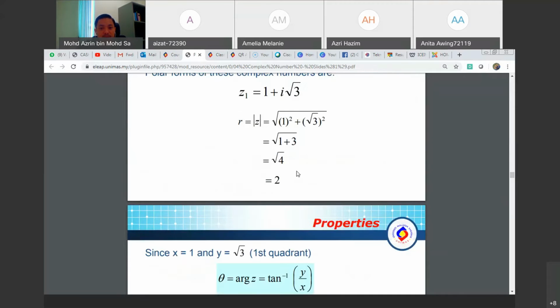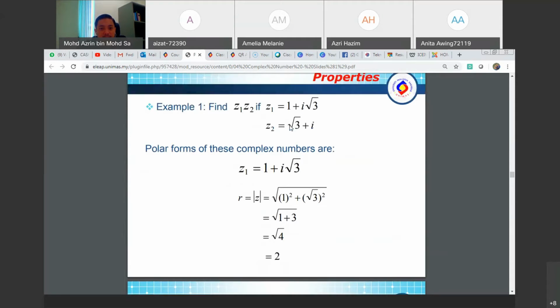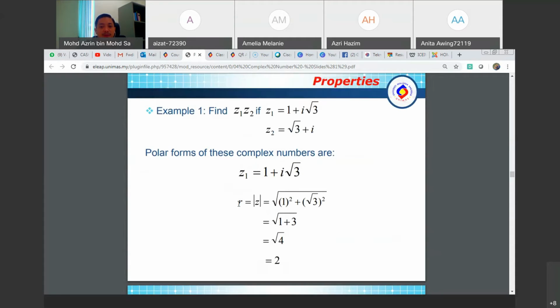So you are given this Z1 and Z2. Now you find the value of R. R is actually equal to modulus Z. To find modulus Z, look back at the earlier notes. Still remember how to find it?